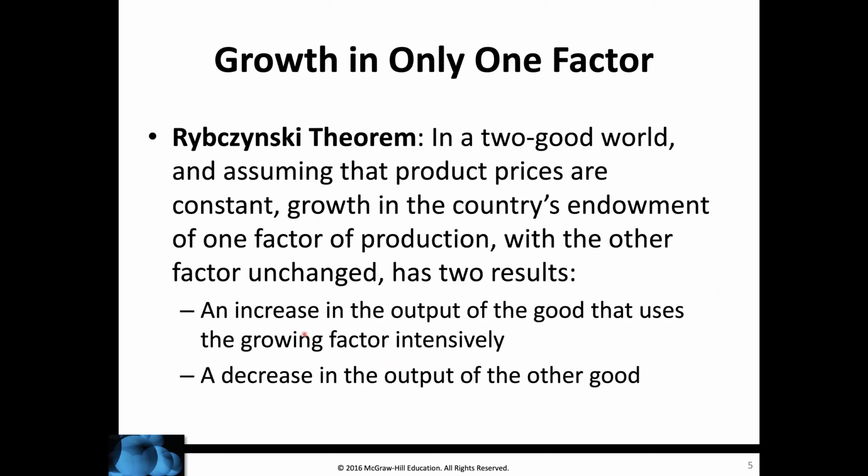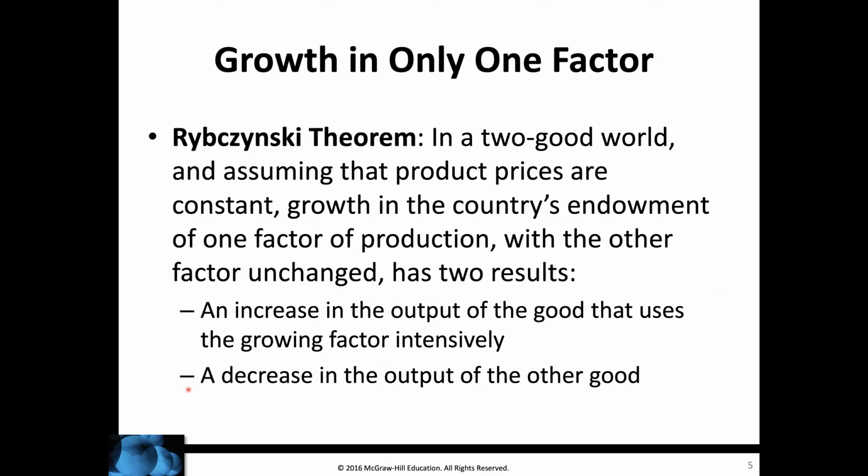So what we're saying is, as we look back at our example with wheat and with cloth, wheat intensively uses the factor of land, whereas cloth intensively uses labor.